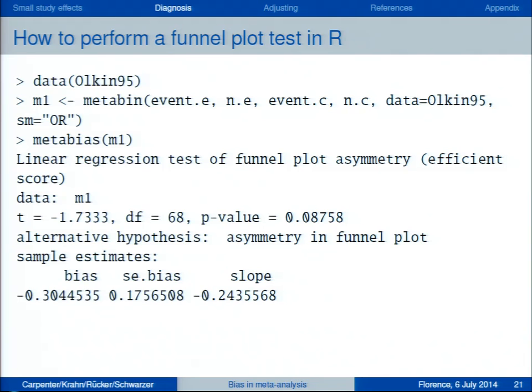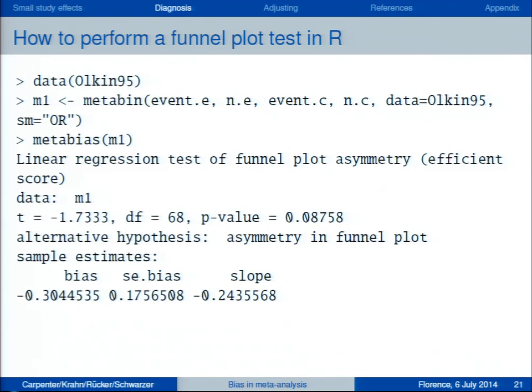No, you have changed the default, have you? Yes. So if you use this in a default way, then you get the Harbord test, or efficient score test here. So if you want to have other versions, there is an argument you can change for which method you want to use. You can also use the Egger test or the Peters test or one of the other tests.